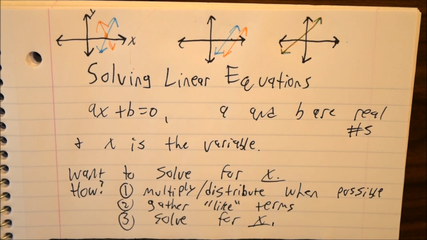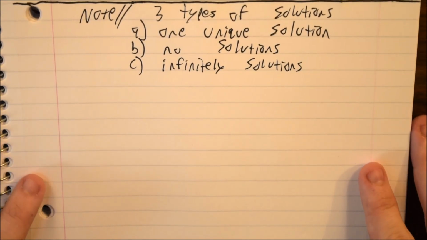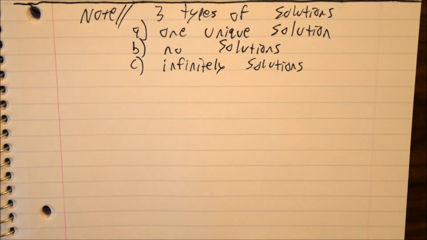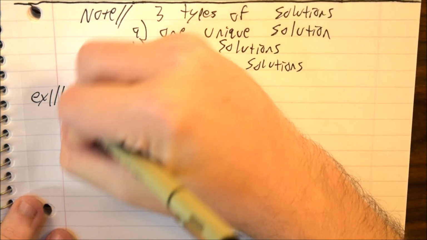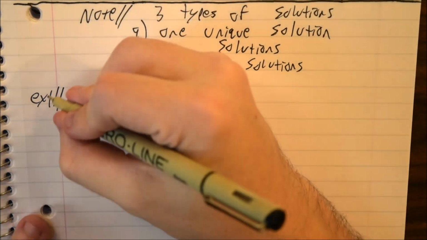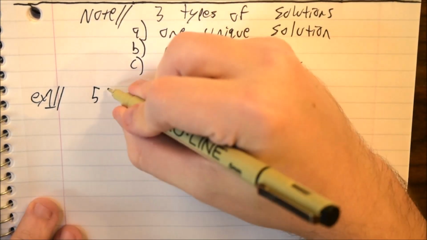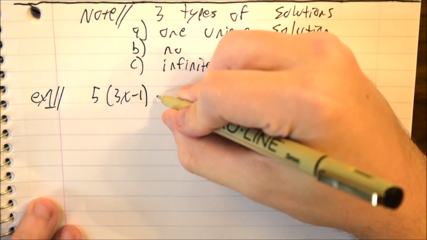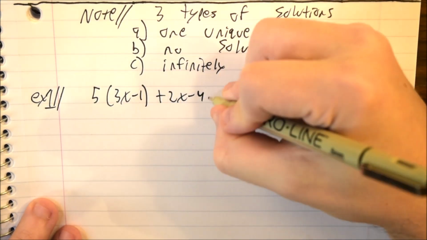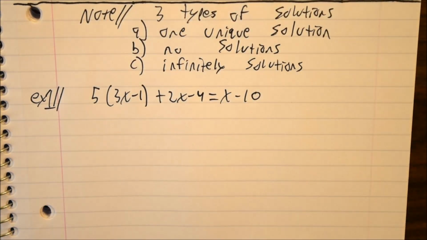All right, now let's look at some examples. So example one. Let's look at 5 times (3x minus 1) plus 2x minus 4 equals x minus 10. So what's step 1?